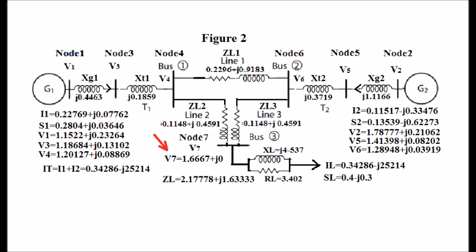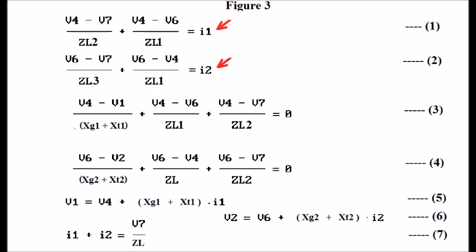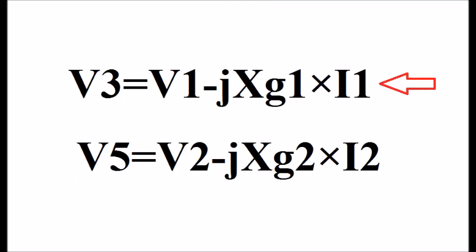The variables are I1, I2, V1, V2, V4, V6. The 6 variables are found by solving the equation with initial guess values. V3 and V5 can be calculated.